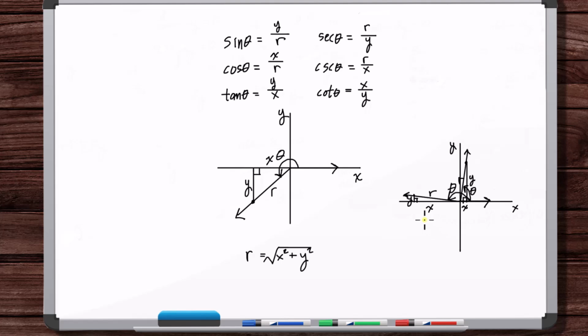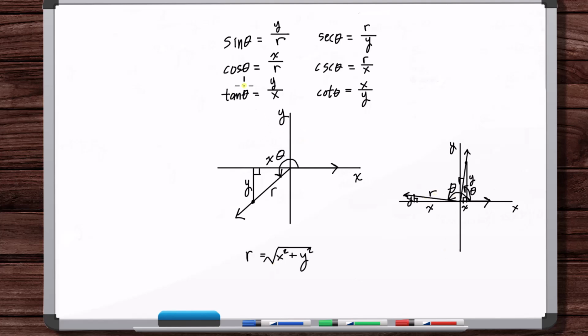And so with either x or y becoming equal to 0 at a quadrantal angle, that's where domain issues come into play, because with some of the trig functions, you're going to be dividing by 0, which you can't do, right? Now, the first thing to note is that r never becomes 0, because even if y becomes 0, r is equal to the square root of x squared. So r is never 0.